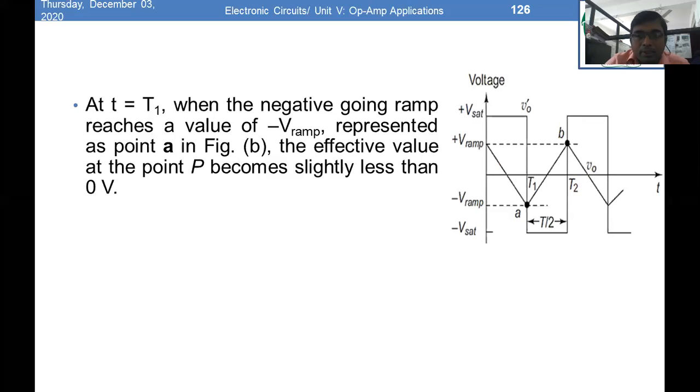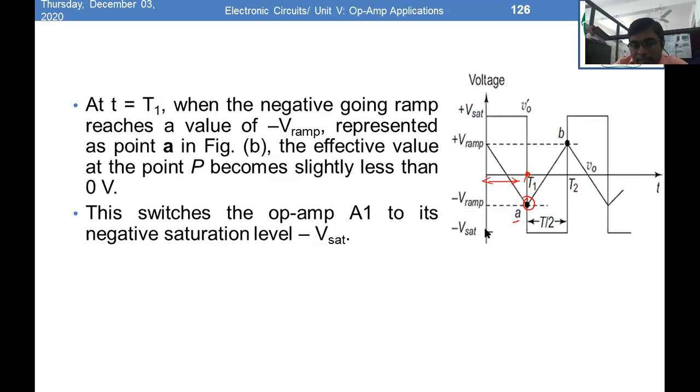If you look at the waveform of this triangular wave generator, at time T1, when the negative going ramp reaches a value of minus V ramp, represented here by the point A, the effective value at P, the voltage divider network, becomes slightly less than 0. When it is slightly less than 0, it switches the output of op-amp A1 from plus V set to minus V set.